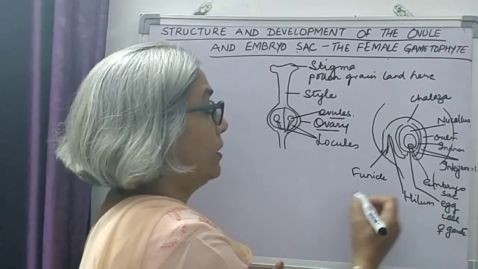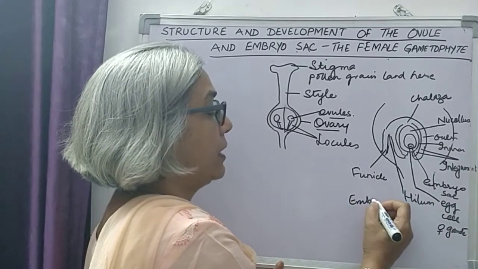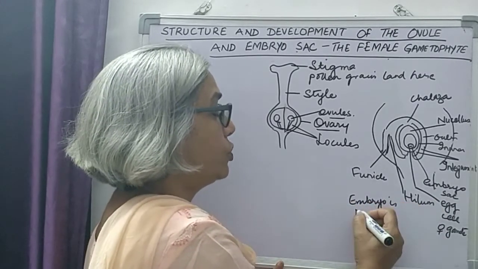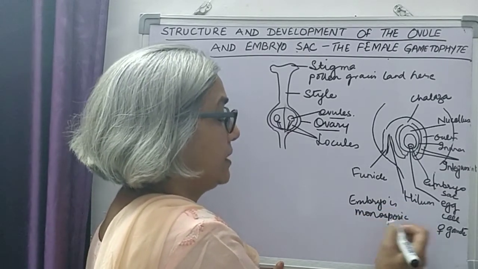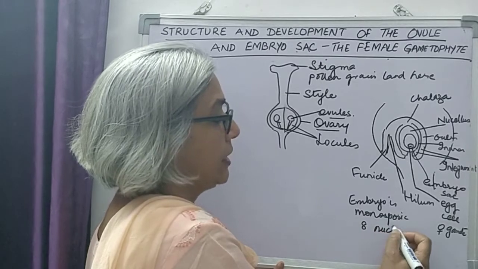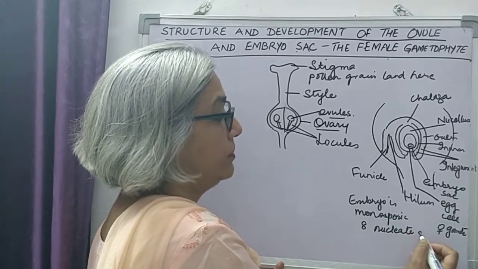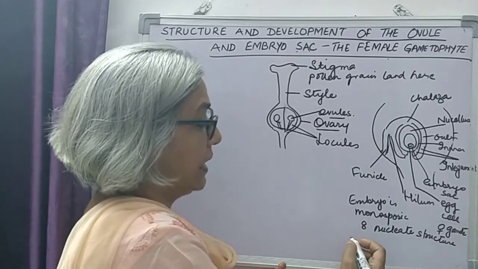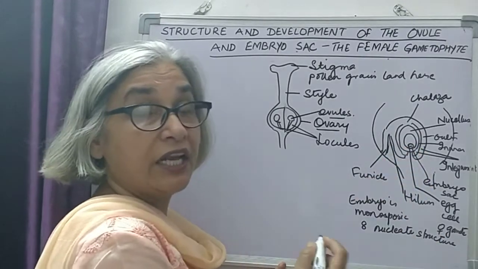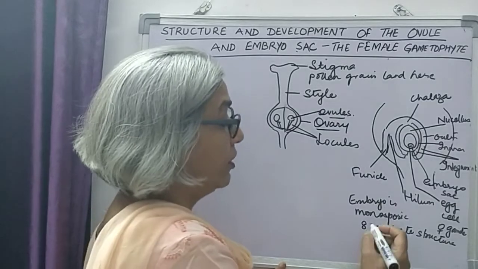Actually, the embryo sac is monosporic in nature. It is an 8-nucleate structure, and these 8 nuclei are arranged in a very definite manner.